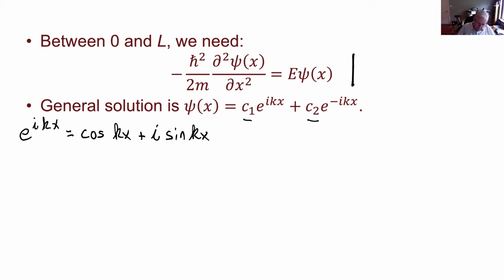And I can similarly write e to the minus ikx as cosine kx minus i sine kx.